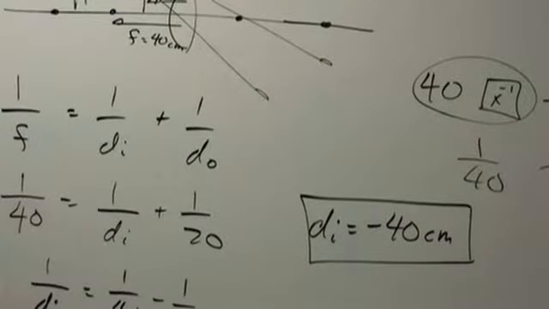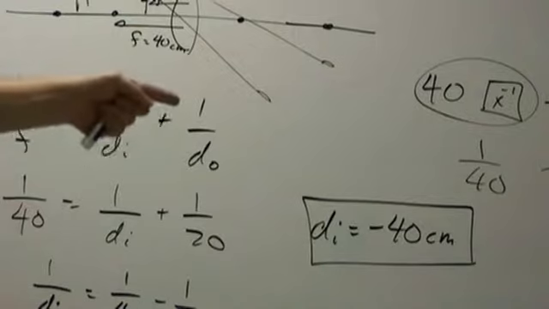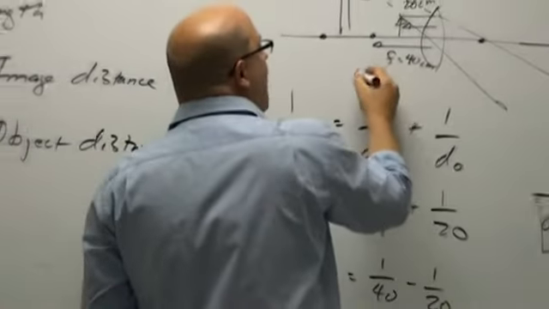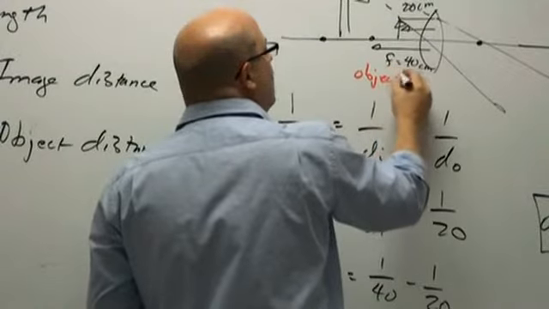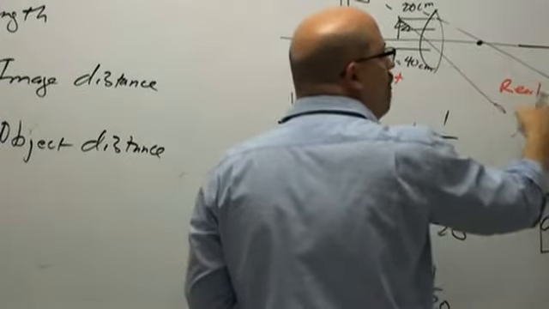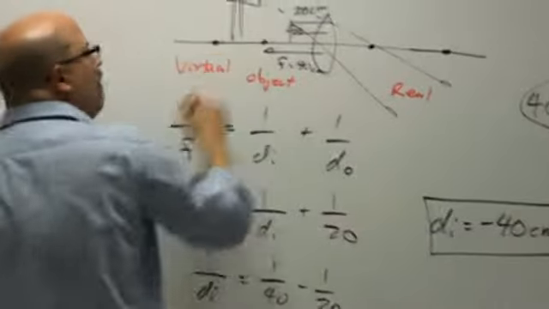Now, 40 means how far from the lens? 40 centimeters. But negative 40, is it that way or that way? Here's where it comes in handy if you remember that for a lens, if the object is on this side, then real images will form over here and virtual images form over here.